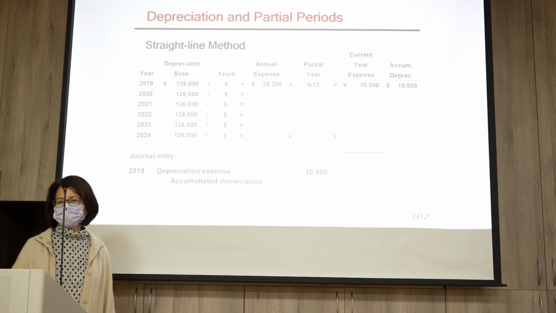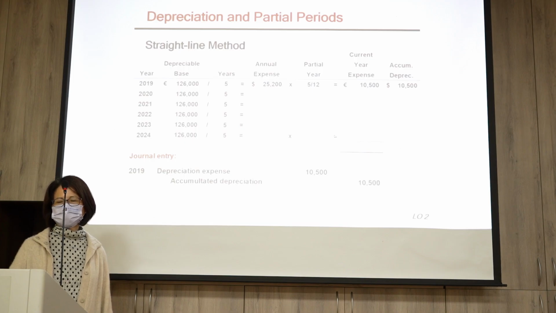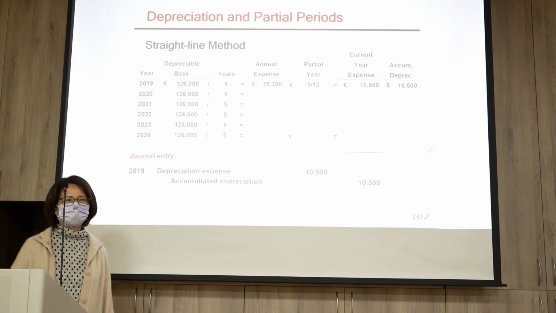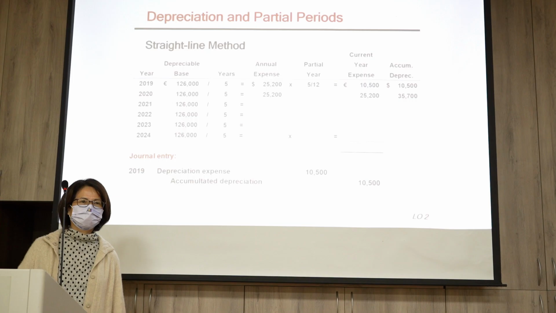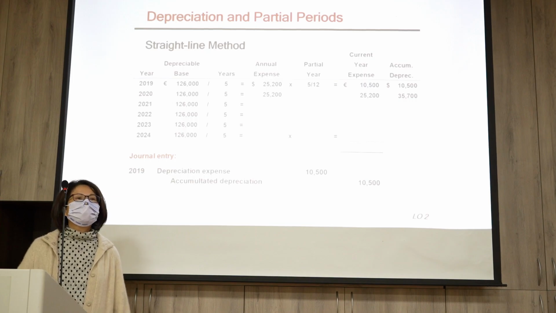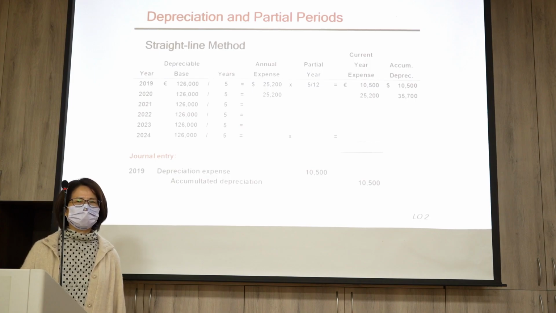And the second year, this is the depreciation adjustment entry here. In the second year you do the whole year. How about the third year? Do you do 5 months or 12 months for the third year?